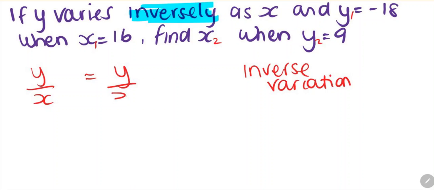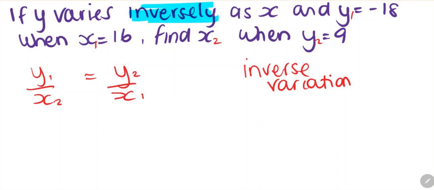In this case, for y1 and y2, the x values will switch places because it's inverse.